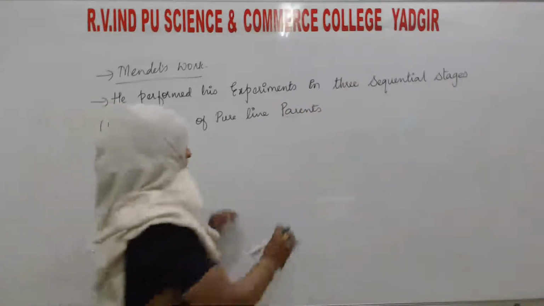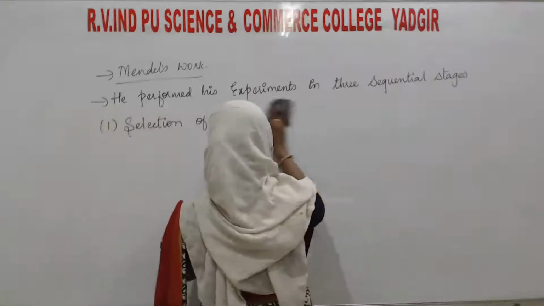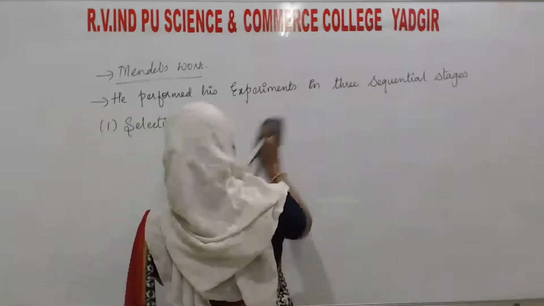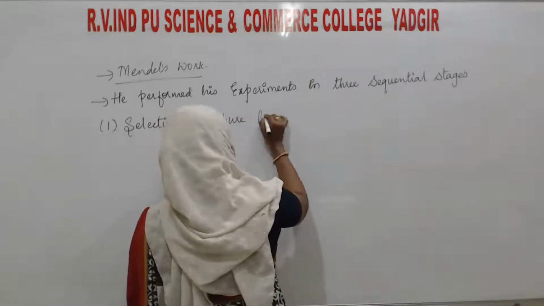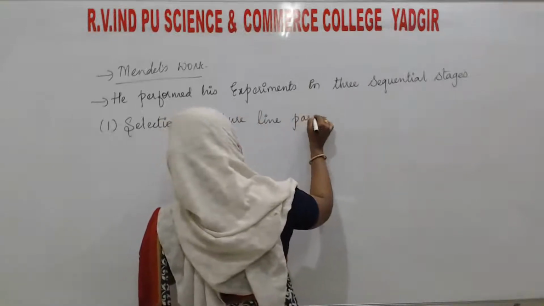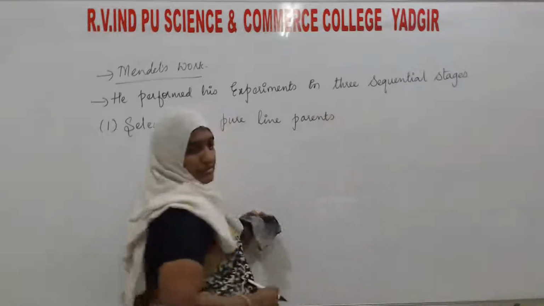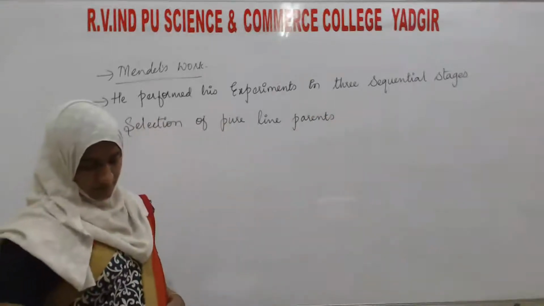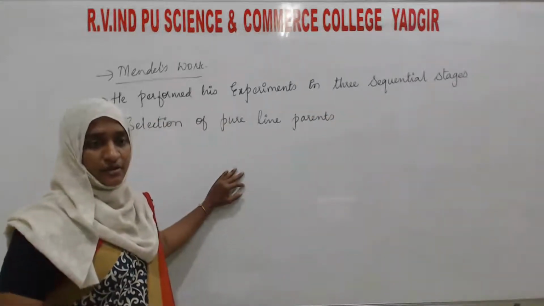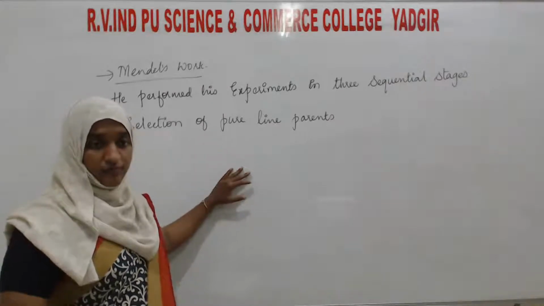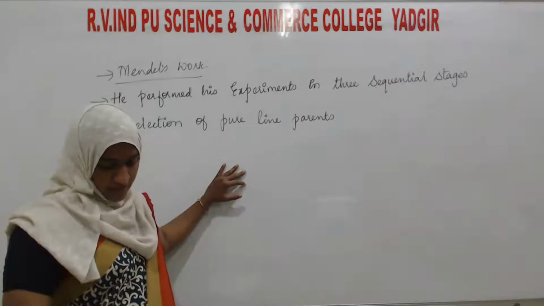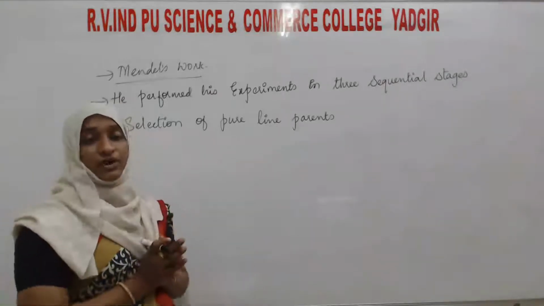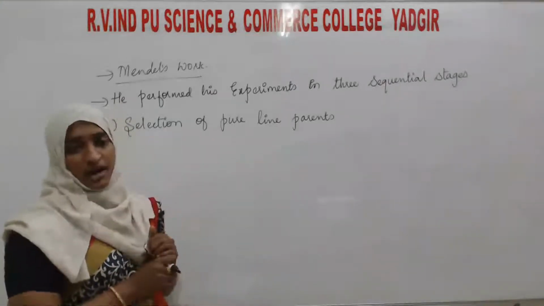Here, selection of pure line parents. Okay. So in this first stage, which Mendel is going to perform in his experiment, Mendel has selected 7 pairs of contrasting characters from that garden pea plant.